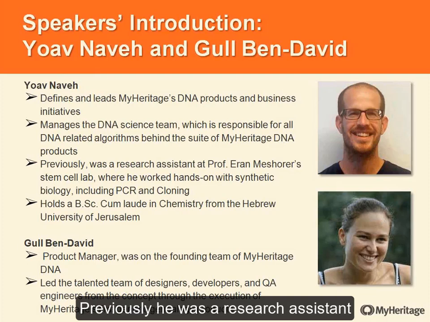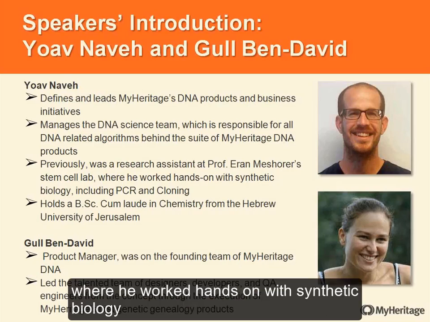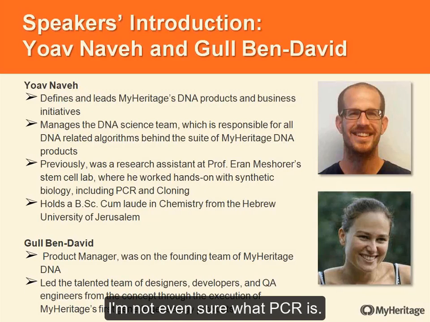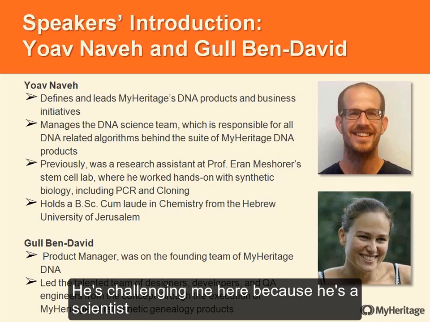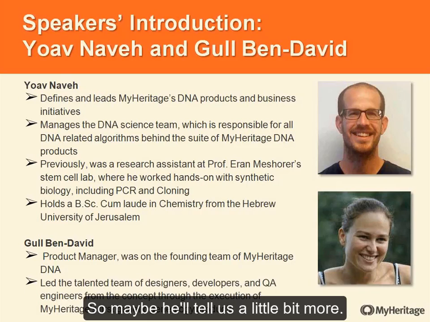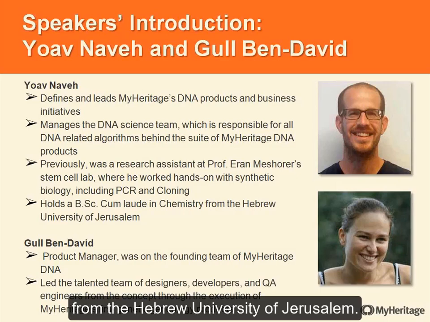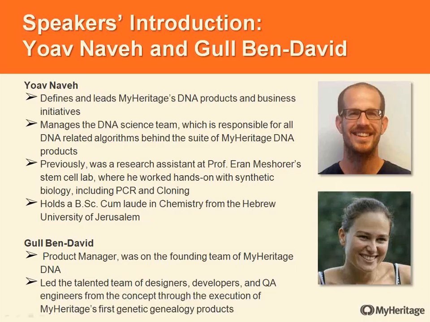Previously, he was a research assistant at Professor Aaron Mishor's team, Cell Lab, where he worked hands-on with synthetic biology, including PCR and cloning. I'm not even sure what PCR is. He's challenging me here because he's a scientist, and I don't usually have to say all this kind of stuff. So maybe he'll tell us a little bit more. He holds a Bachelor of Science cum laude in chemistry from the Hebrew University of Jerusalem.